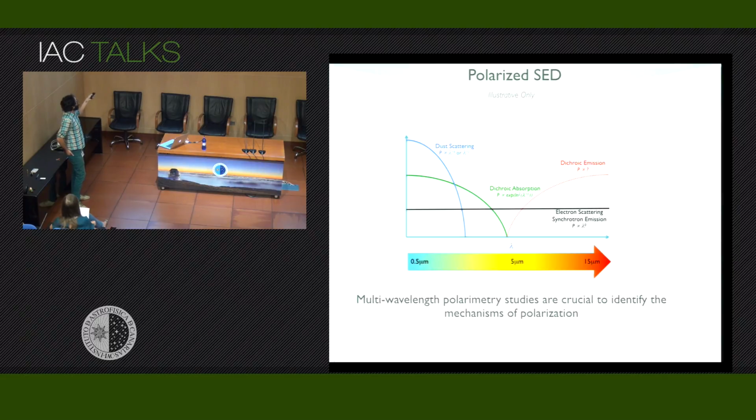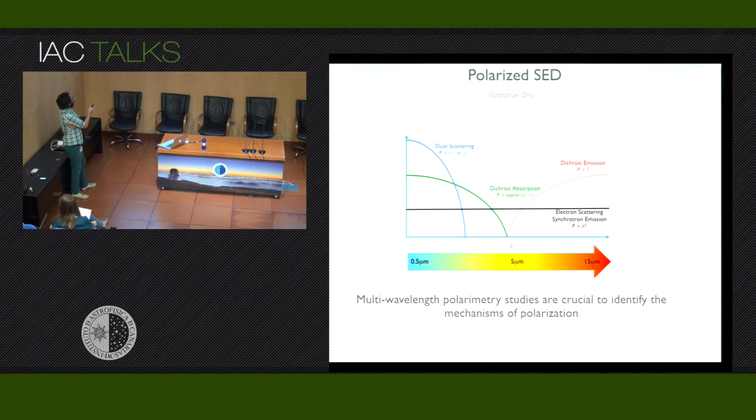Then it is compared with electron scattering or synchrotron, which is wavelength independent, and dichroic absorption, which has this expression, the typical Serkowski curve, and dichroic emission, which is unknown but depends on the dichroic absorption. So we can see that a multi-wavelength study is crucial in order to identify the different mechanisms of polarization.